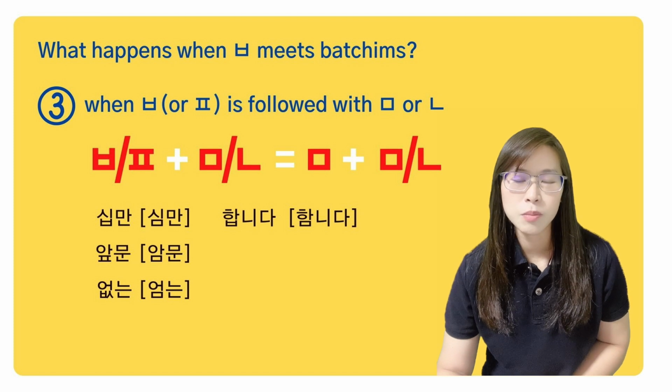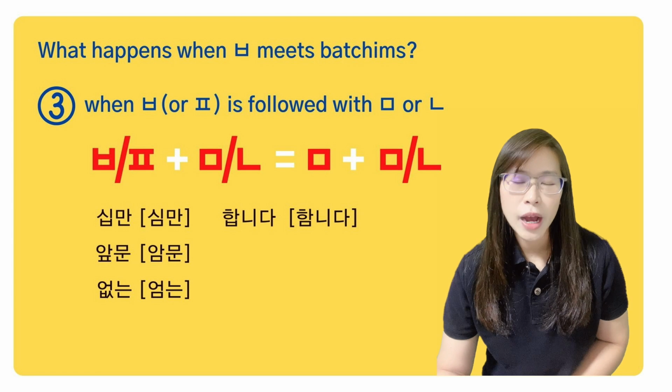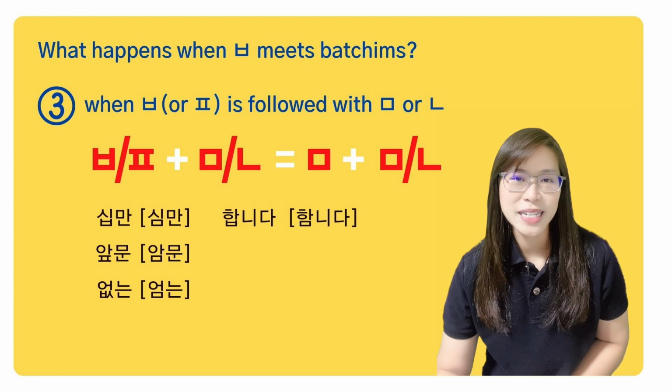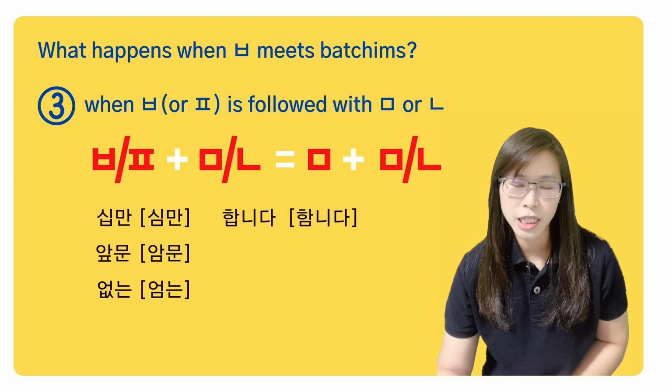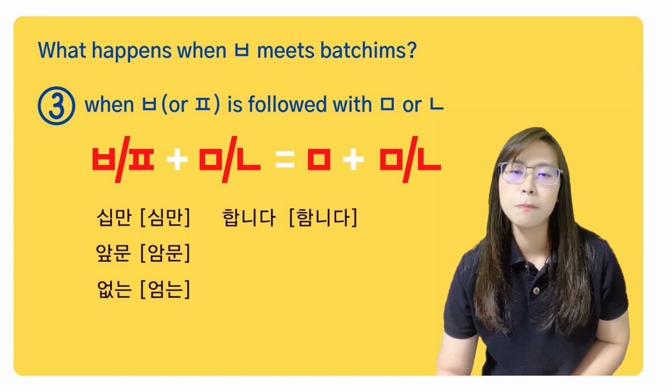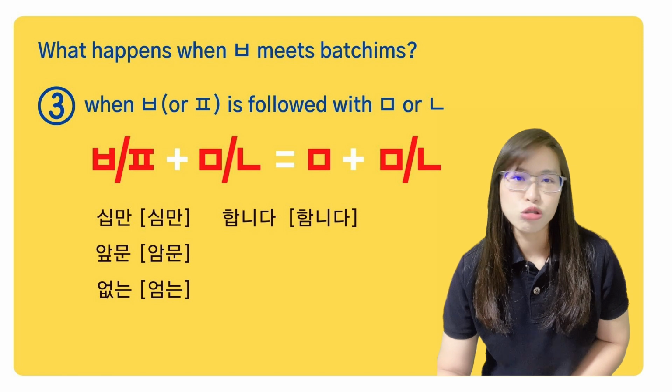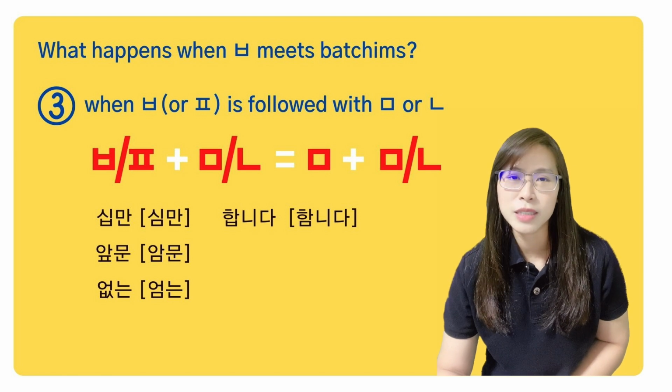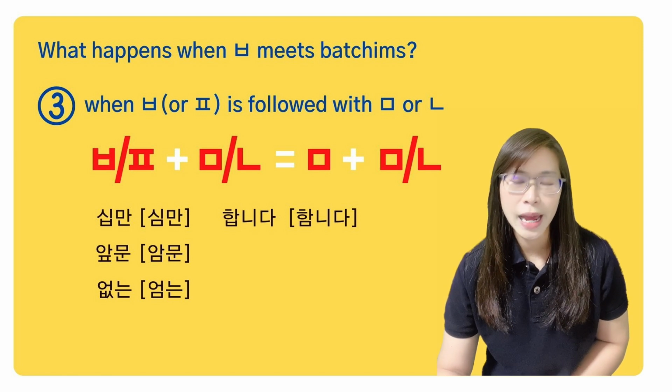In fact, this is also the reason why all of your 합니다s are pronounced as 함니다 and not 합니다. 먹습니다, 갑니다, 압니다, 줍니다. So all your 습니다 is always pronounced with an M at the bottom rather than the B.